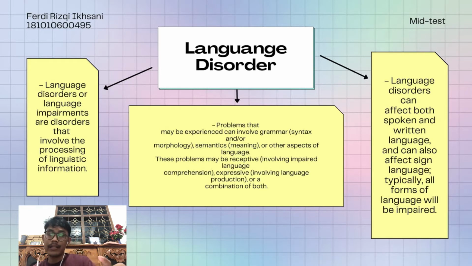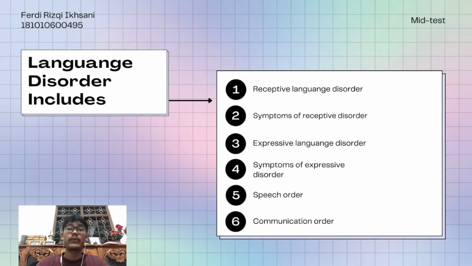Okay, the next slide is language disorder. It includes receptive language disorder, symptoms of receptive language disorder, expressive language disorder, symptoms of expressive language disorder, speech disorder, and communication disorder.